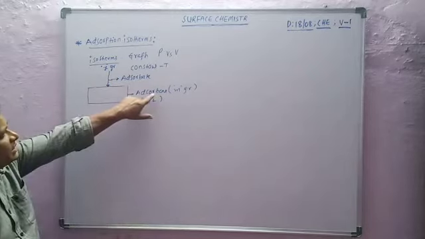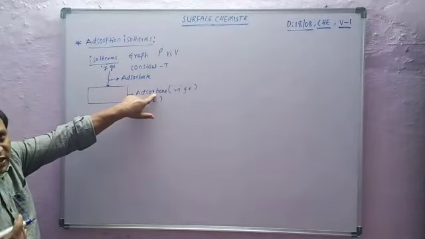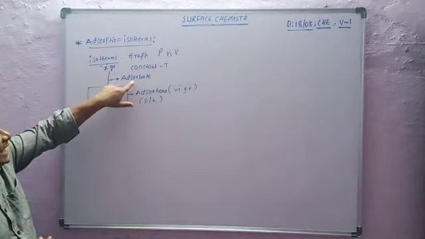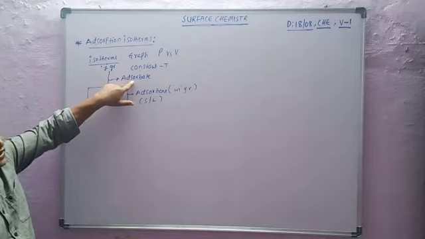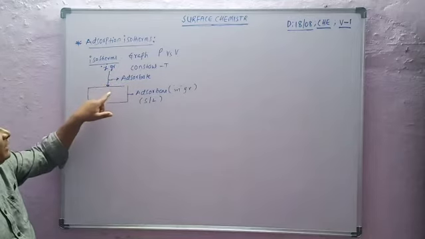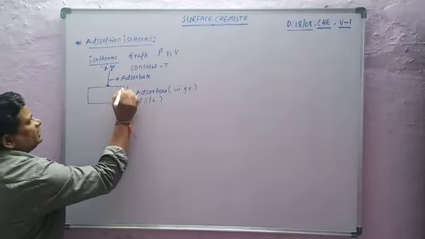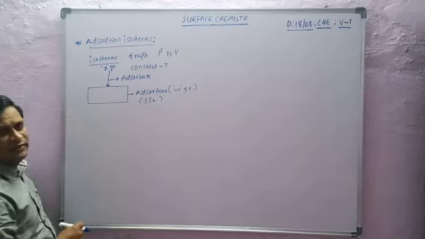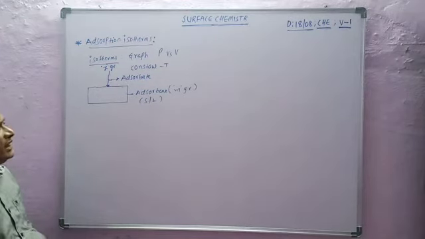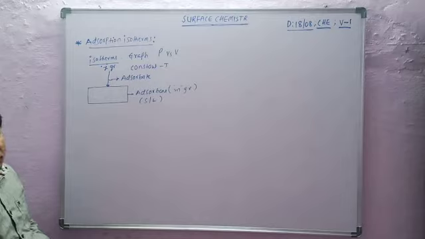Now what happens? The adsorbent receives or adsorbs the adsorbate on its surface. This is called extent of adsorption.